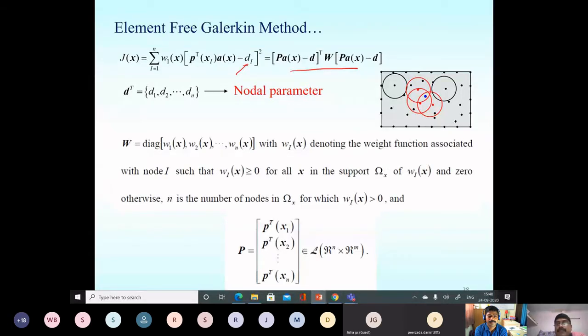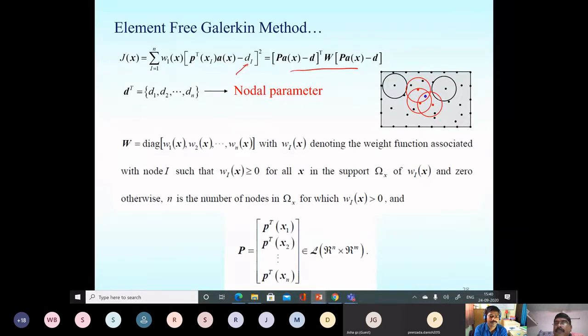Now the weight function is defined in such a way that it has a particular domain, so every node or every point has some domain of influence. Suppose this blue point is my point of interest. Then you have to see which nodes are influencing it, whose domain of influence covers this particular point.